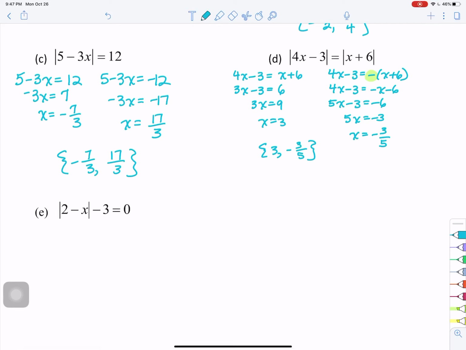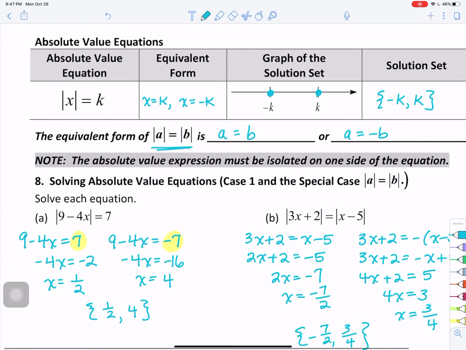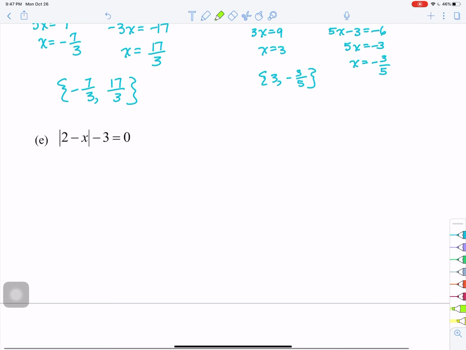Okay, let's look at E. We have to isolate that absolute value before we can use this property. Do you see how this is isolated all by itself on that one side of the equation? Okay, so we need to isolate that. So we will add 3 to both sides.